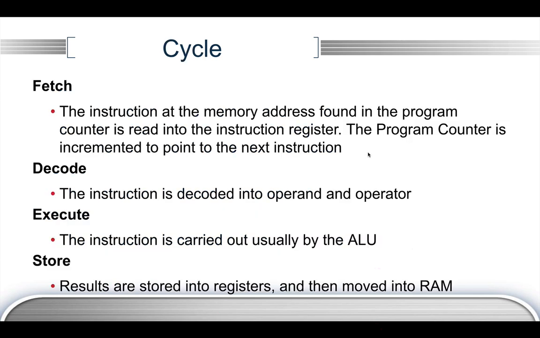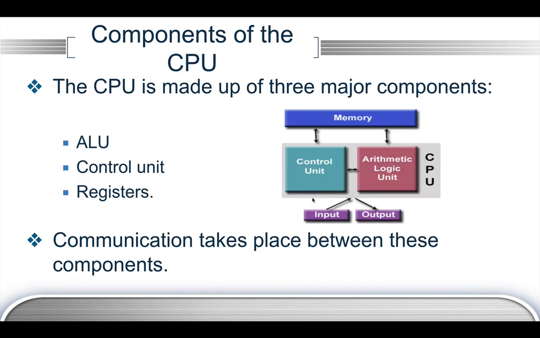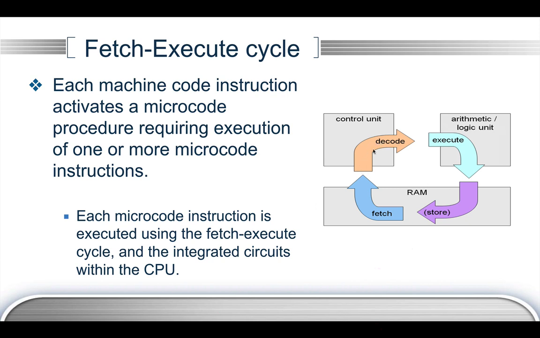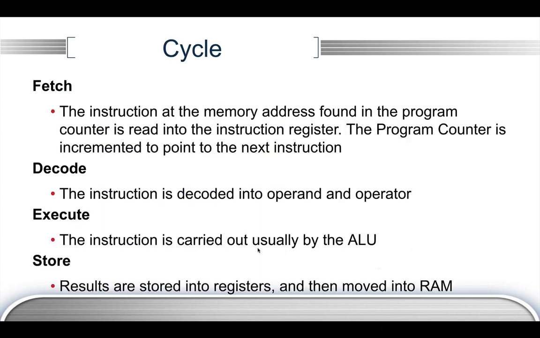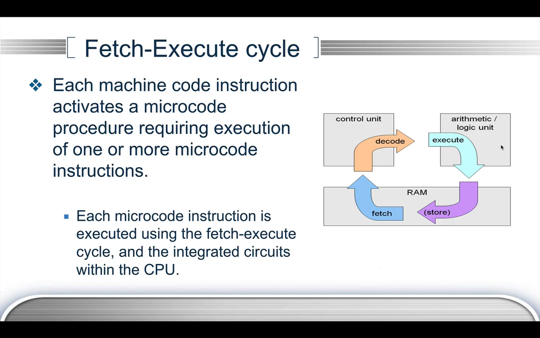The instruction I've just fetched is decoded into an operand and an operator: what is the thing that I'm actually doing, and where is the data that I'm executing? That's passed on to the ALU, and the ALU then executes the instruction. The results are stored into the registers and also moved back into RAM. Fetch, decode, execute, store.